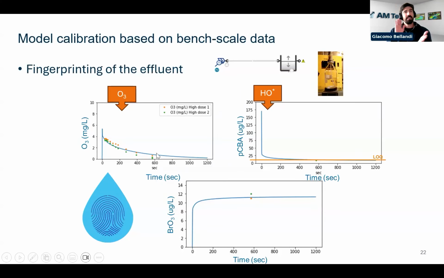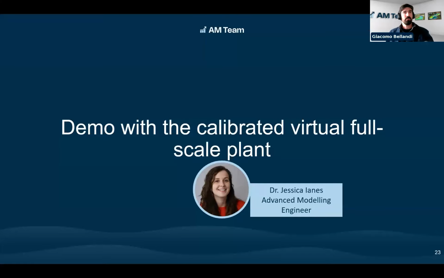This defines the fingerprint of a certain water, because the composition of the organic material is typical of a region, of a place, and of the industrial combination with the municipal activity, and gives a unique fingerprint of the water type and how it reacts with ozone and generates particles, and ultimately removes micropollutants, but also forms byproducts such as bromate. Now, with this calibrated model, we went through a virtual piloting exercise.